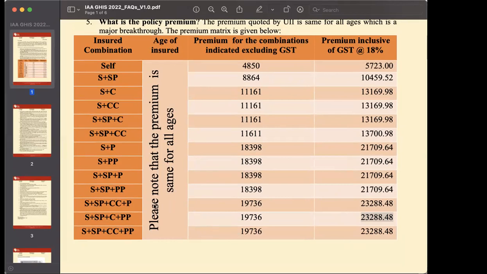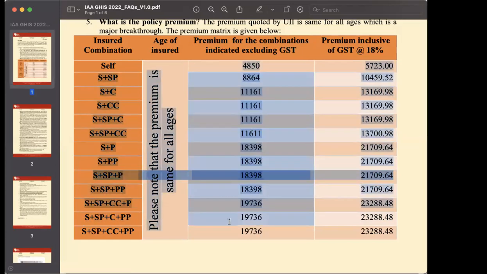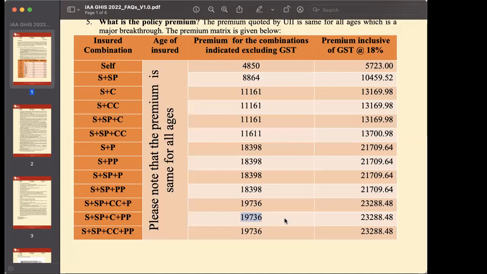So see, what I would recommend in this case is, let's say self plus child plus two parents. It actually does not matter here because we will have to go for this one only, and the premium amount will be the maximum amount that is there. So whether you add your spouse or you don't add your spouse, the premium amount remains the same.